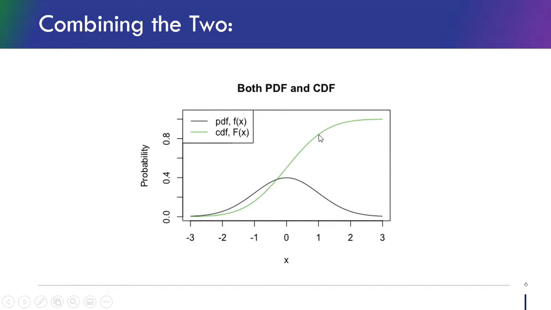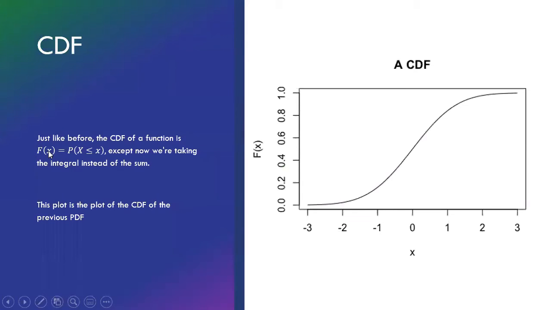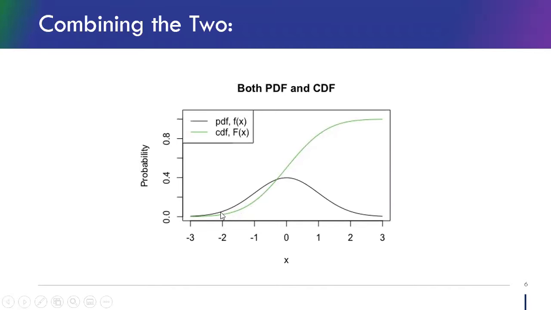The CDF accumulates all these areas. For example, F(-2) would be the area under here, and the total area is plotted on this green line. That's what the CDF is capturing.